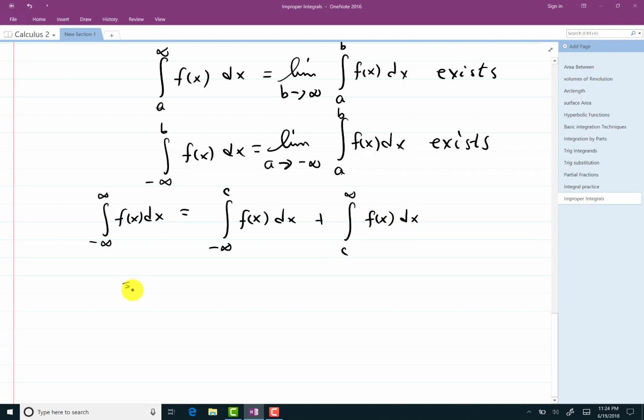Watch this. This will be the limit as a goes to negative infinity of the integral from a to c of f of x dx plus a second limit. This time b goes to infinity. I'm using different letters just for the purposes of making you understand that these are separate limits.